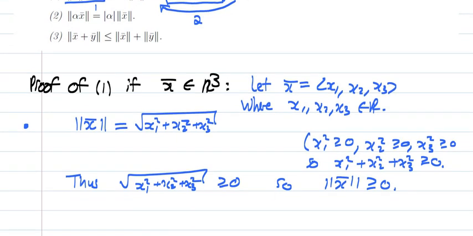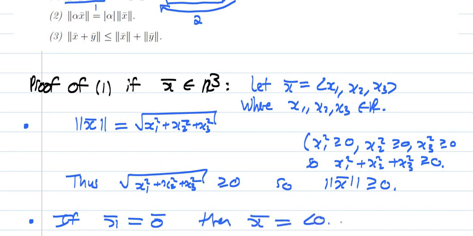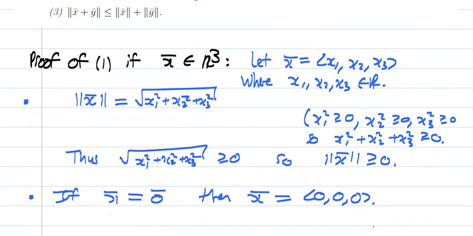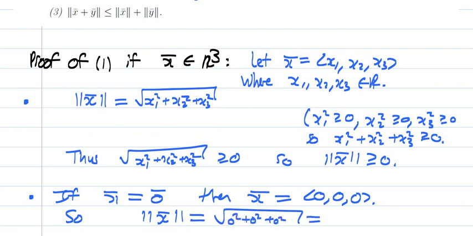So let's start off by saying if x is a 0 vector, then x is the vector with components 0, 0, 0 because we're only doing the 3D case now. So the norm of x would be the square root of 0 squared plus 0 squared plus 0 squared, which is the square root of 0 plus 0 plus 0, which is 0, so true.